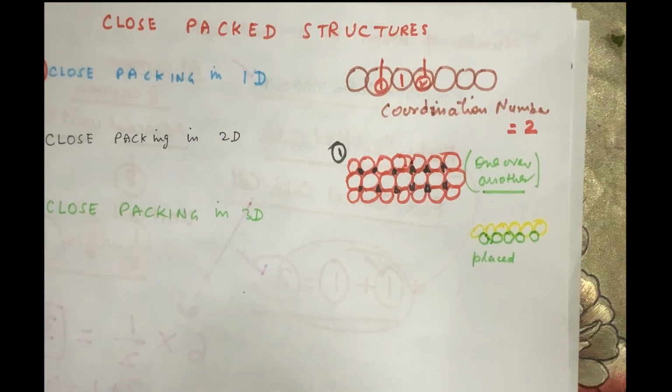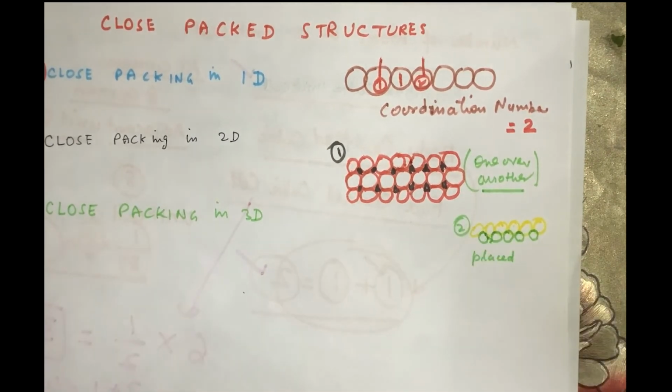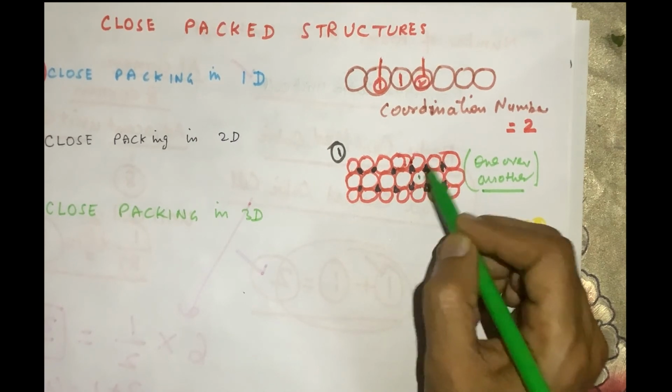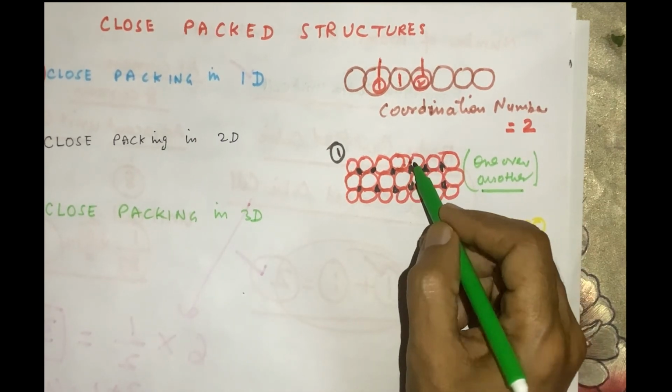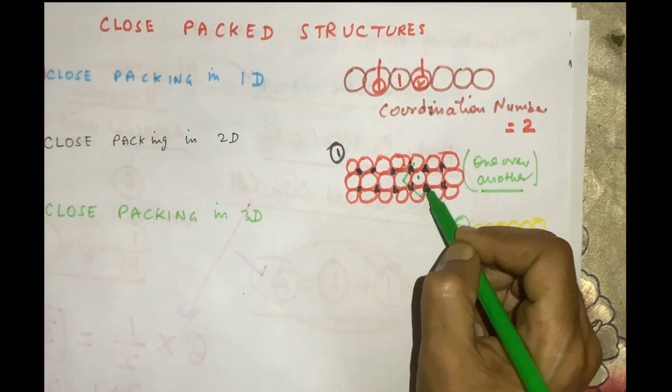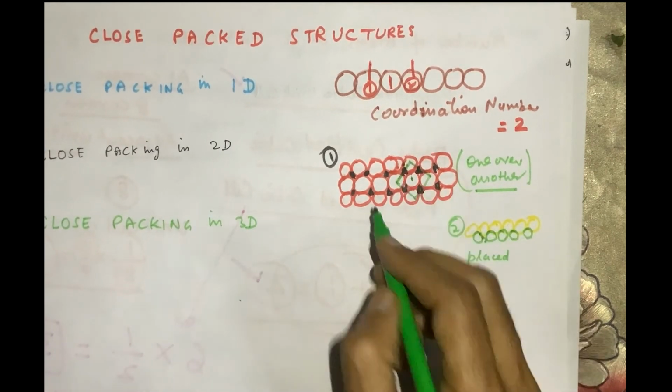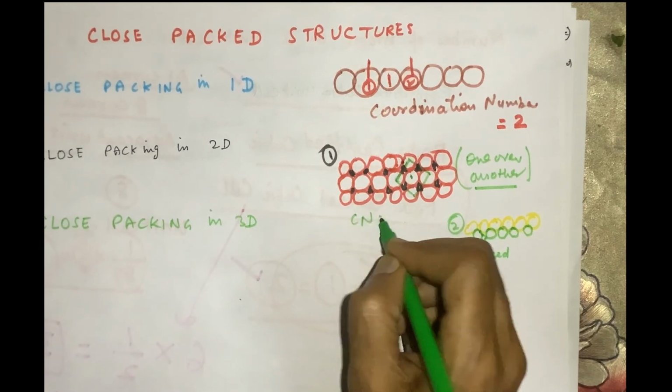This is the second method. Here each particle is in contact with 4 particles. So here the coordination number is 4.